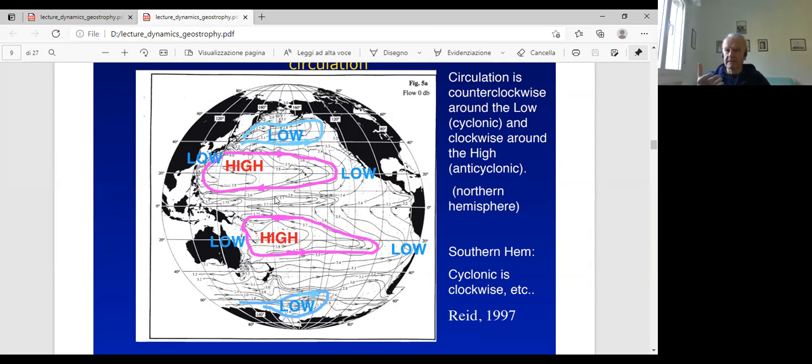That would confirm to what extent the geostrophic flow is representative of the average flow in the world ocean.